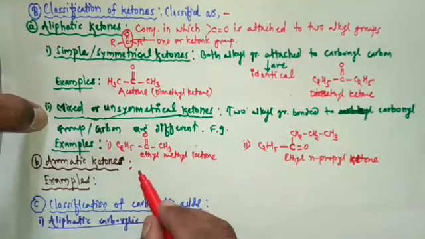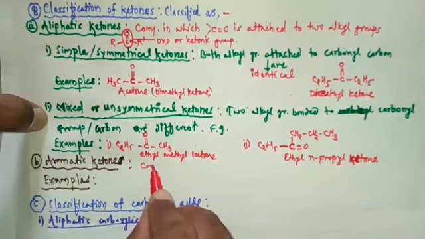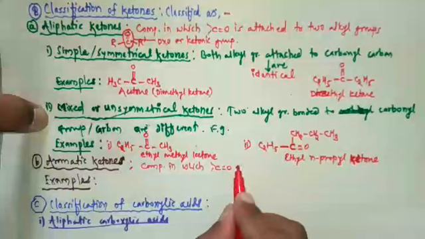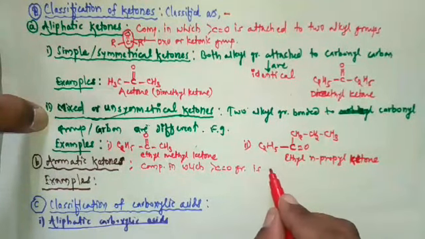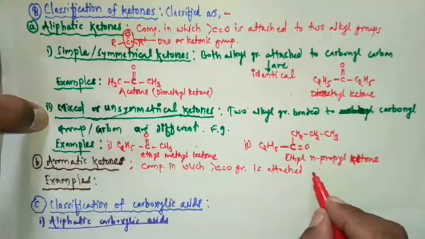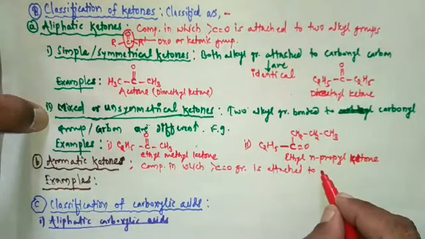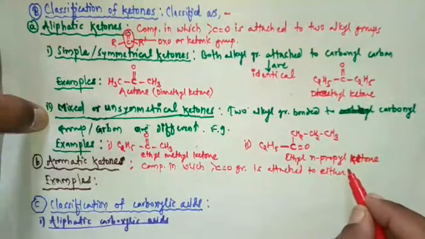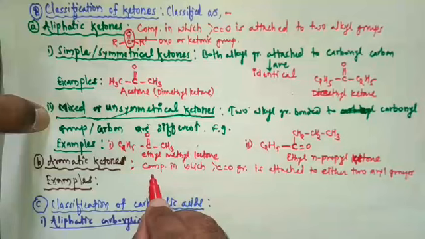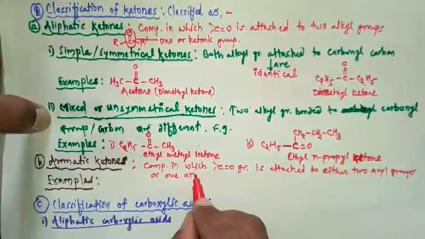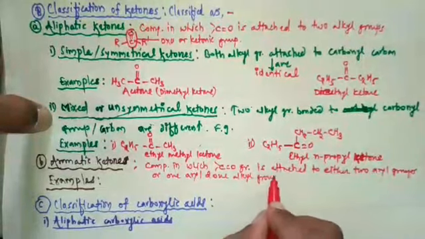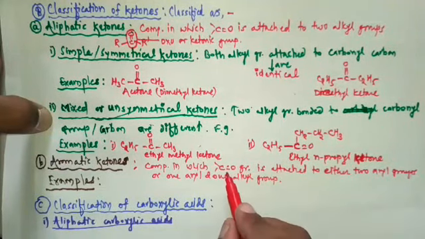Aromatic ketones are compounds in which the C double bond O group is attached to either two aryl groups or one aryl and one alkyl group. Such ketones are called aromatic ketones.